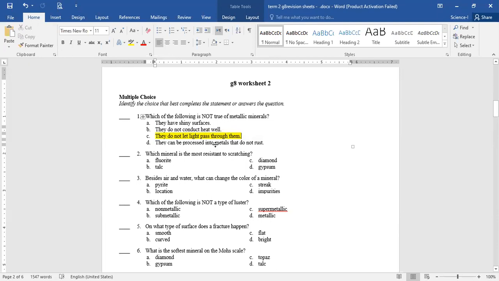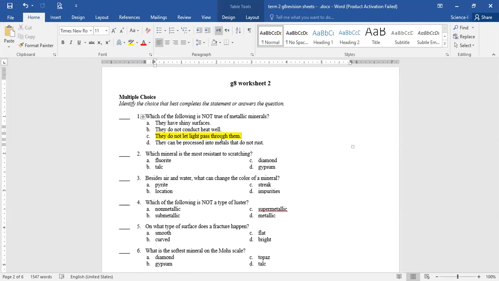Do not let light pass, because most metallic minerals reflect the light, so they don't allow light to pass, but they reflect it. That's why they have shiny surfaces. Do you remember the luster? We said the luster could be metallic, submetallic, or dull, which means no luster. Do you remember these, guys?